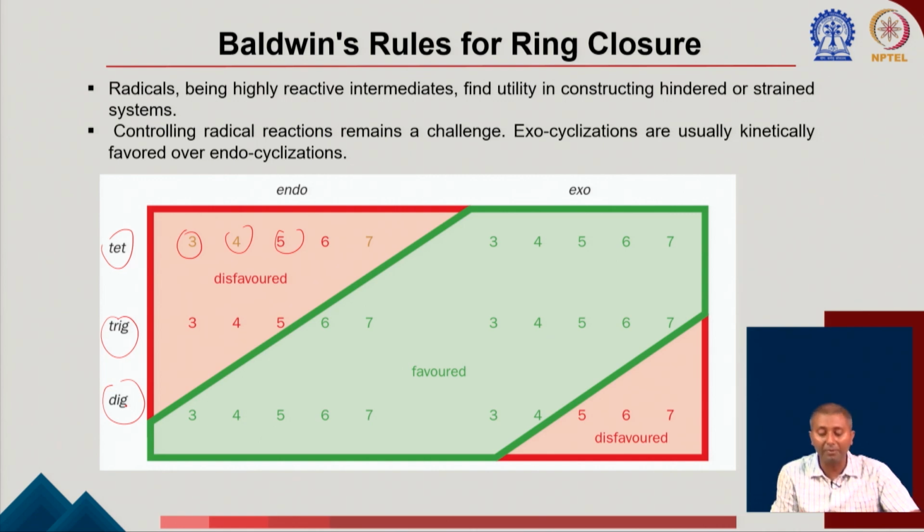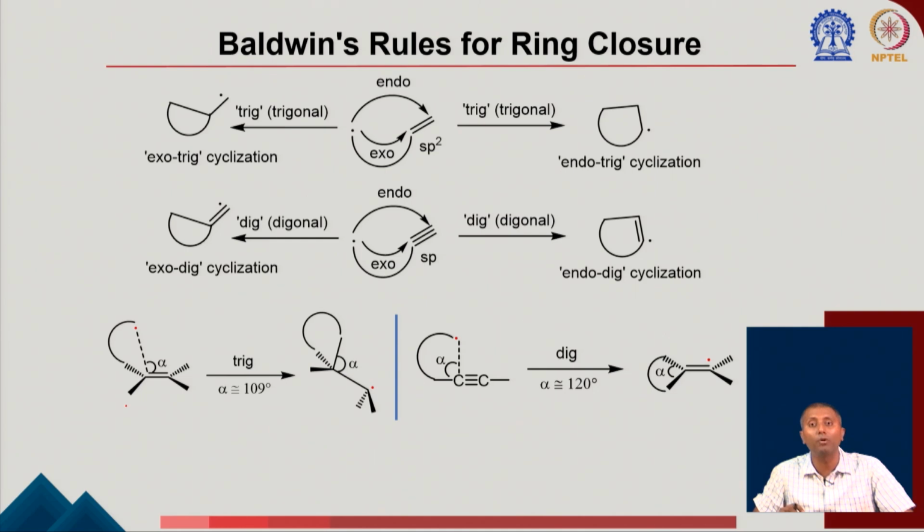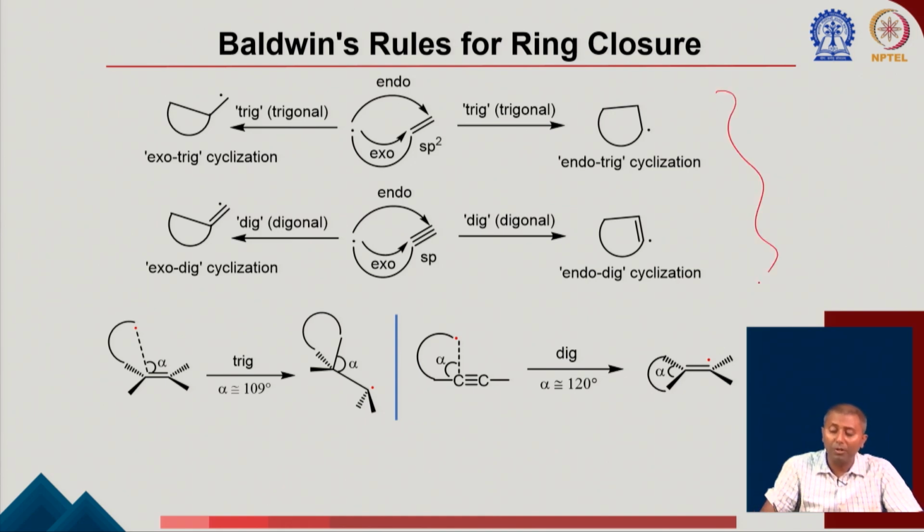So some of them are favored. I think you have already learned this in Baldwin's rule for the formation of the ring. But the important part in radical chemistry, what we are majorly going to see, is these two different types. We are not going to see much of the tet type, but we are going to see mostly the trig and the dig.